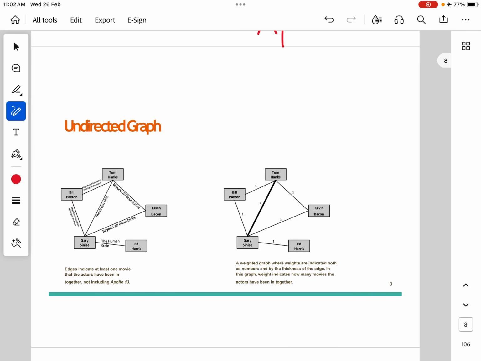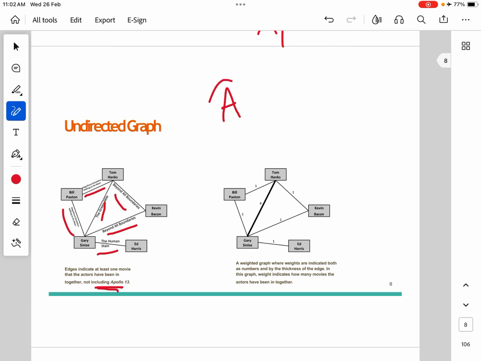What is an undirected graph? Undirected graph means each edge indicates at least one movie that the actors have been together in, not including Apollo 13. So these are the names of movies which these actors have been together in. And undirected means that they are both there together.